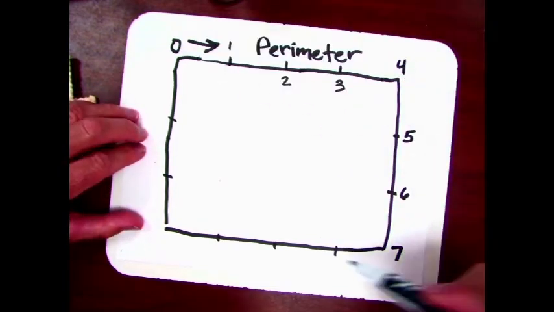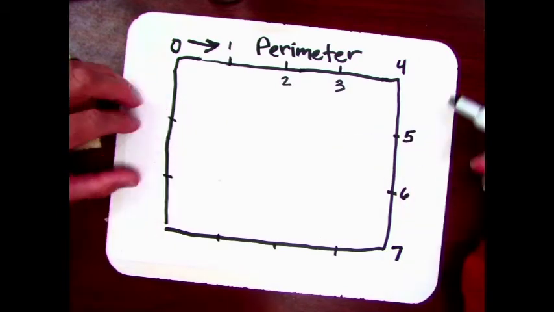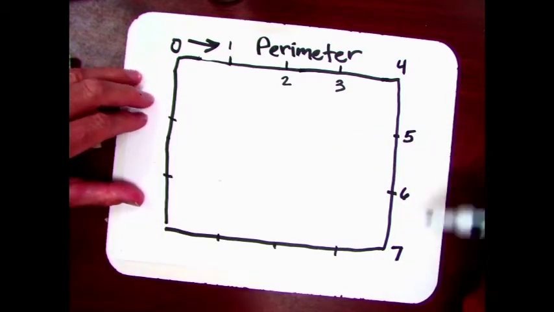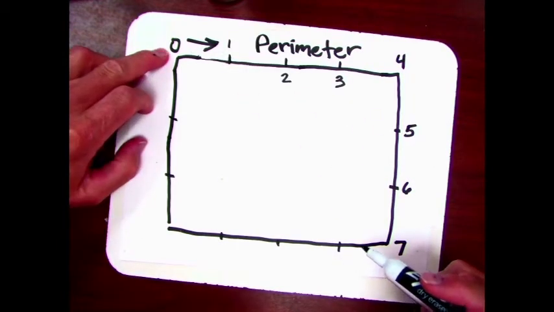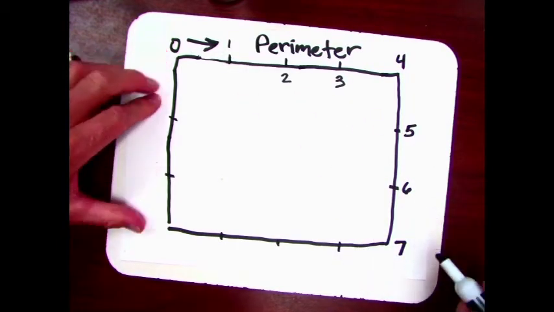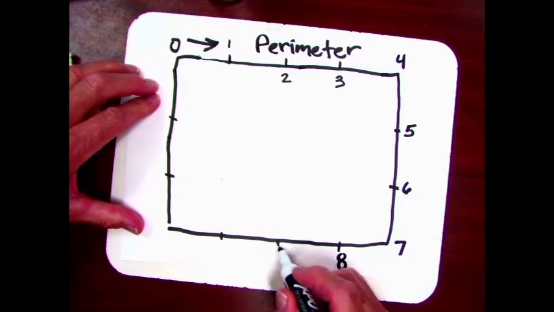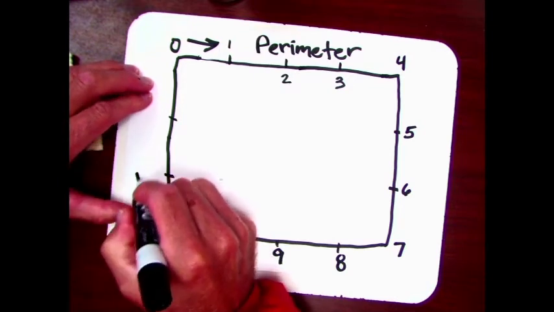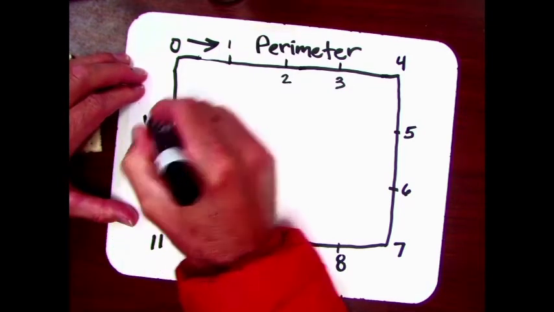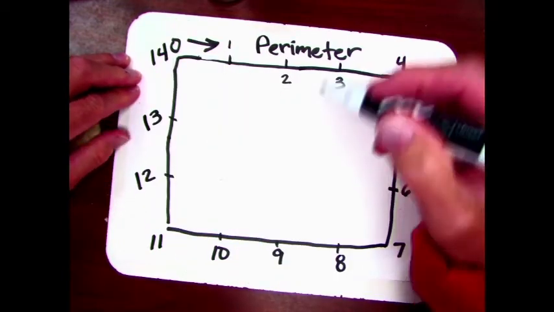So perimeter is the length of all the sides. Area is how many squares are inside that shape. Now I got to 7 over here. I'm going to keep on going until I come back to where I started from, my 0 point here. 6, 7, 8, 9, 10, 11, 12, 13, when I'm back at 0, I've got 14.